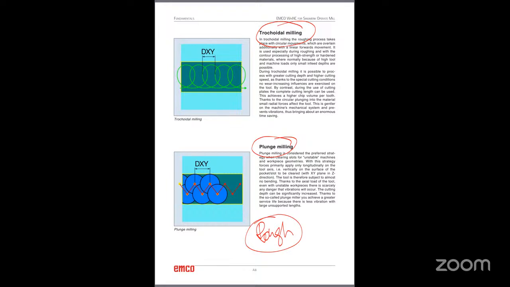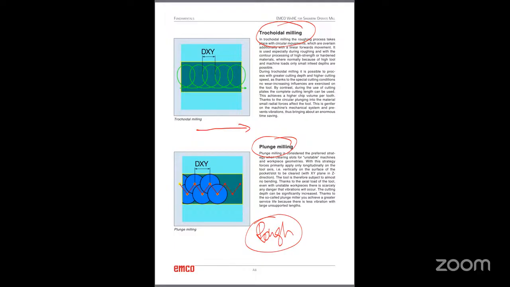Trochoidal milling means the tool will make a circular motion as well as the linear forward motion. This milling strategy is what is called trochoidal milling. In the normal case, the tool will be moving like this, right?